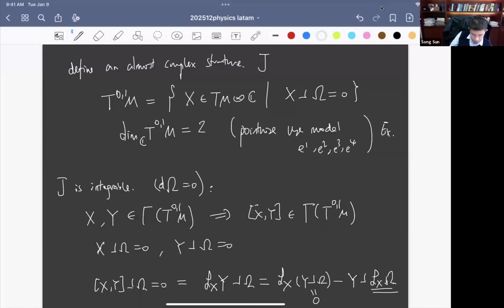But the second is also 0. Why? Because by the Cartan formula, it is d of X contract omega plus X contract d omega. X contract omega is 0, d omega is 0, so everything is 0. This shows that the complex structure is integrable.